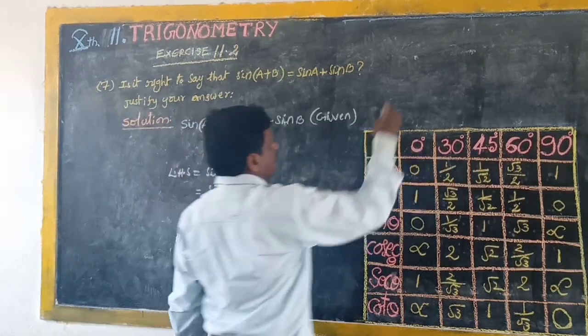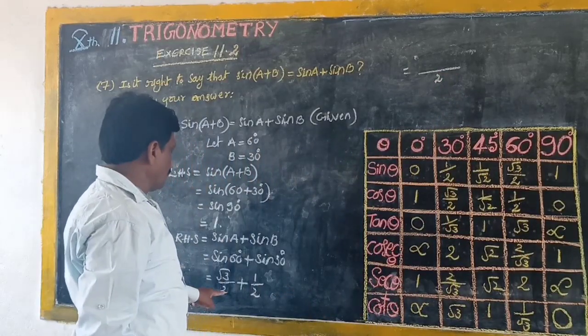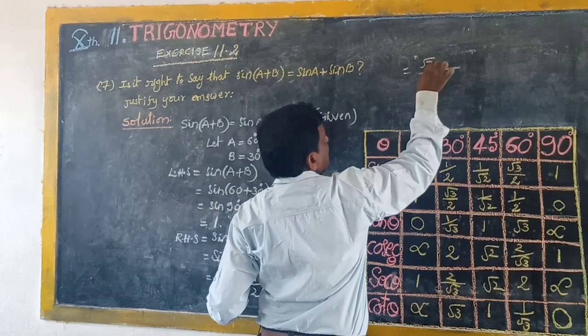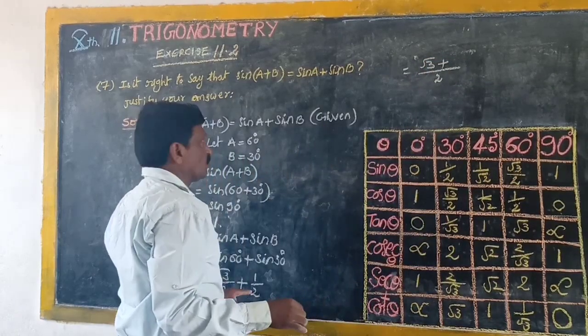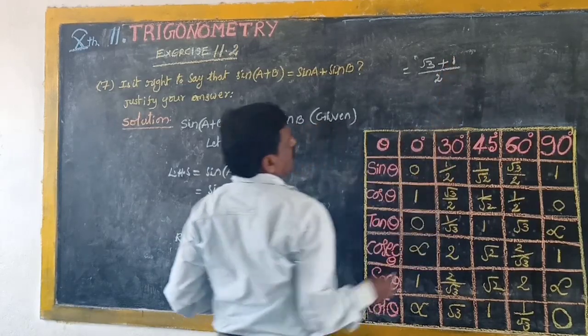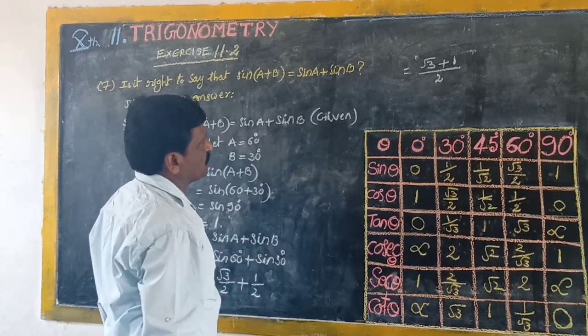Their LCM is 2, so the sum is root 3 plus 1 by 2.